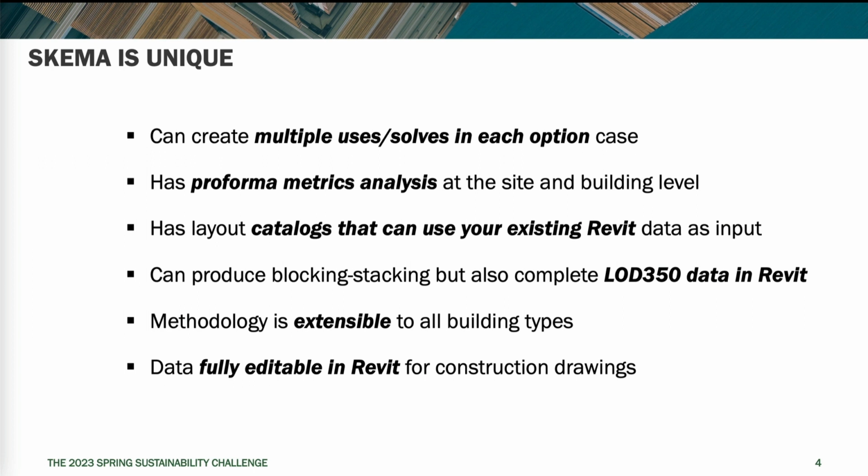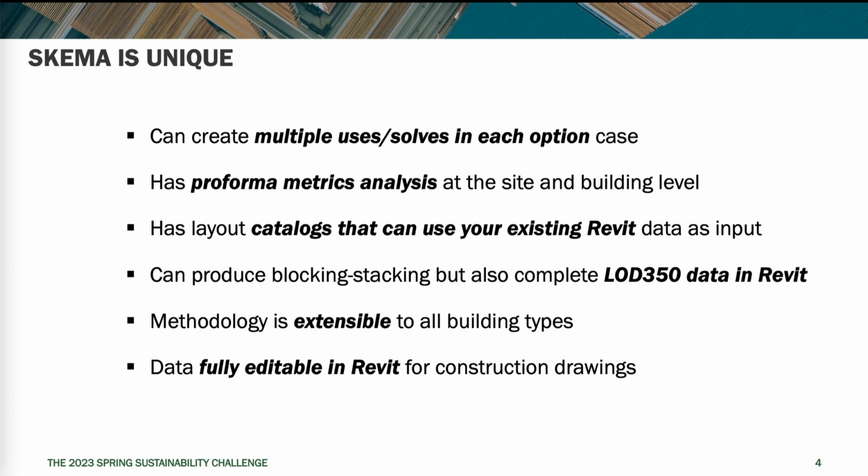But here's where you get some real power: if you are able to bring your existing Revit ingredients that you have on your servers from the last 10, 15 years, Schema can use that in a catalog that will drive those cubes in the blocking and stacking, so that once you have a blocking and stacking arrangement, any of those cubes that were associated with high LOD Revit data can be reconstituted back into that Revit data.